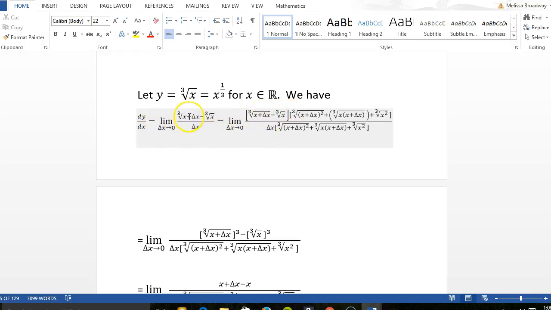Now, you can think of this as a, and you can think of this as b. So the cube root of x plus delta x, in your mind, let that be capital A. And the cube root of x, let that be capital B. So we have capital A minus capital B, times the following: a squared plus ba, but the cube root of x times the cube root of x plus delta x, you can bring that all inside, and that's the cube root of x times parentheses x plus delta x.